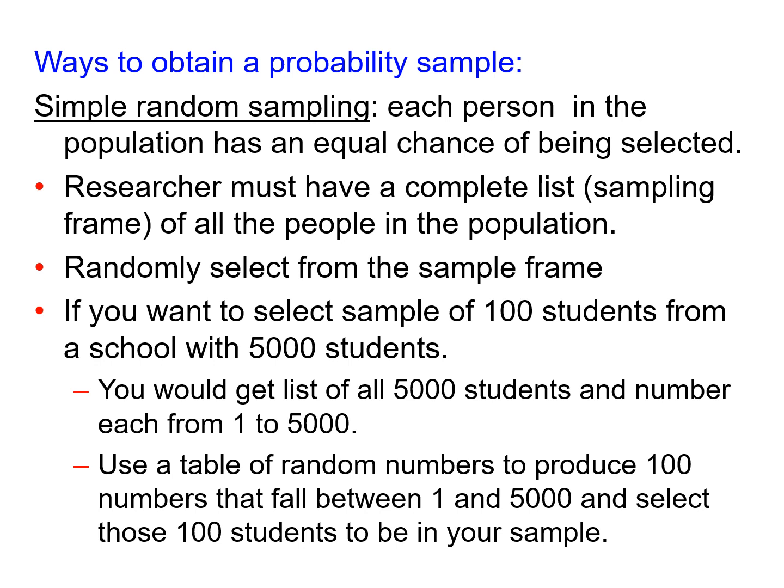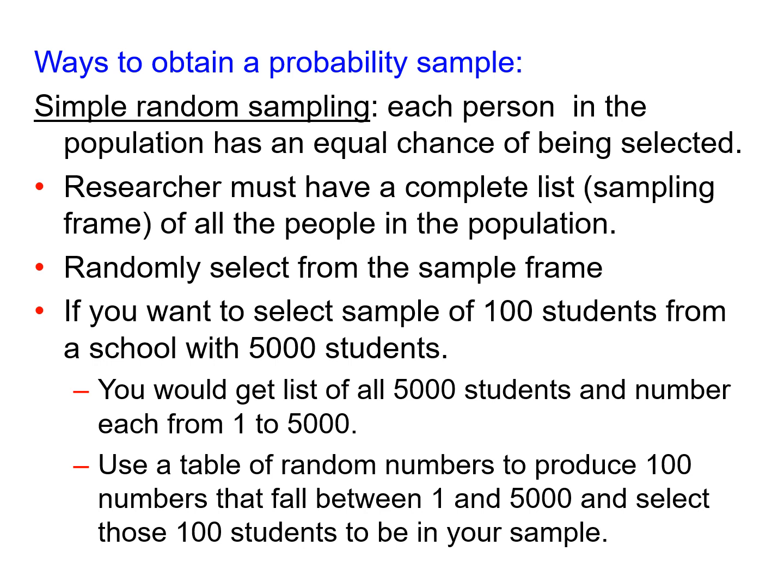So we have simple random sampling. Each person in the population has an equal chance of being selected. One must have a complete list of all the people in the population and then randomly select from the sample frame.